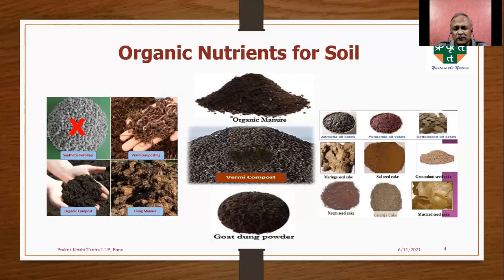Otherwise, goat compost is a very, very useful form of organic manure for the plants, because goats feed on different types of herbs, and the goat is one animal which can digest all kinds of herbs. You will never see a goat having loose motion.